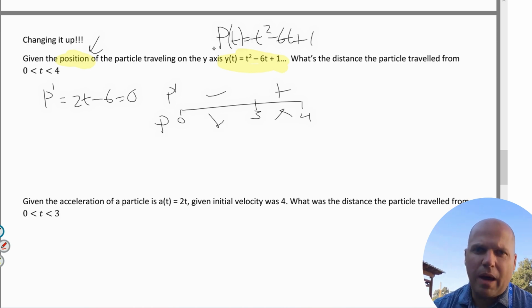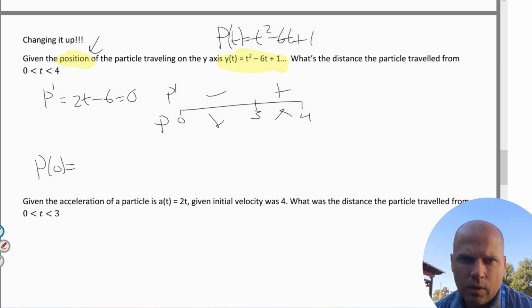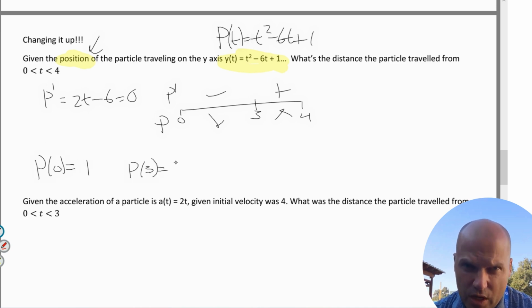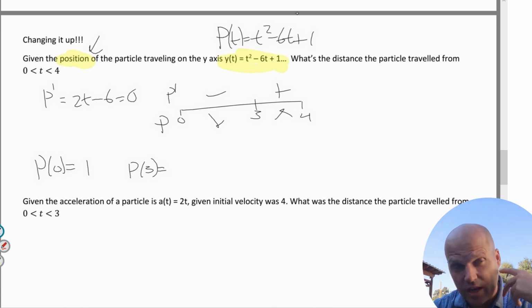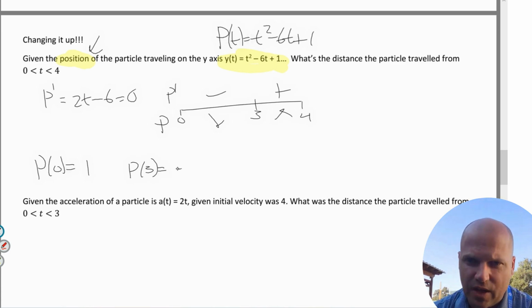Then my positions at 0, 3, and 4. My position at 0, my position at 3, it's 9 minus 18. It's negative 9 plus 1, which is negative 8.